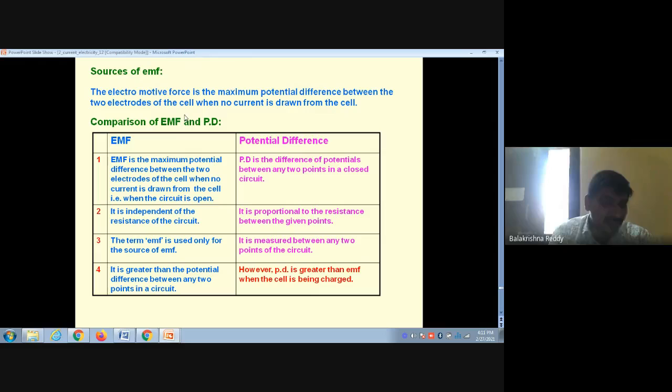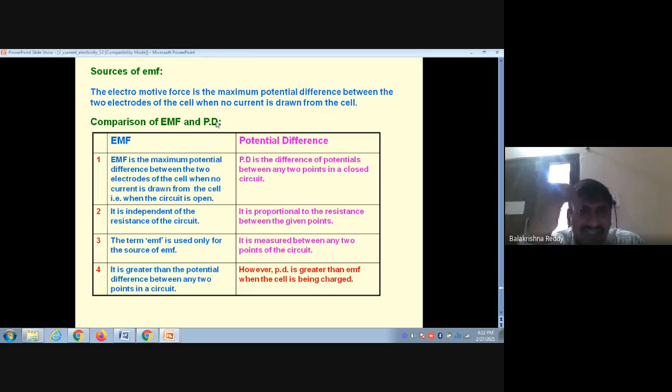We use this word more in electromagnetic induction. Next, another word is potential difference. The potential difference is the difference between the potentials of a wire at two points, in the external circuit.